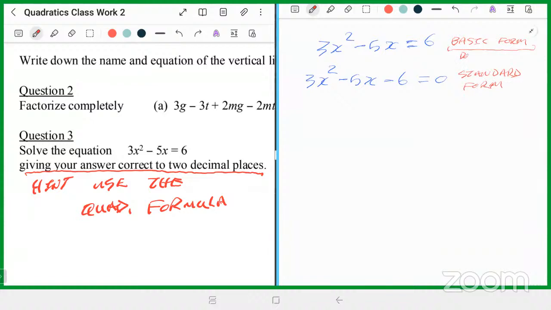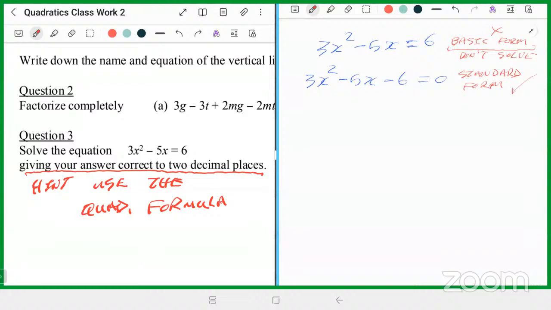Don't solve the basic form. Throw away that one, solve the standard form. So anytime you get an equation in basic form, you want to use the methods that we learned to solve it, and the methods we're using are based on the equation being in the standard form. And I explained why already in the class.